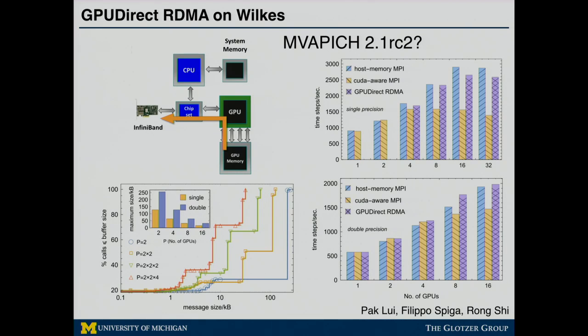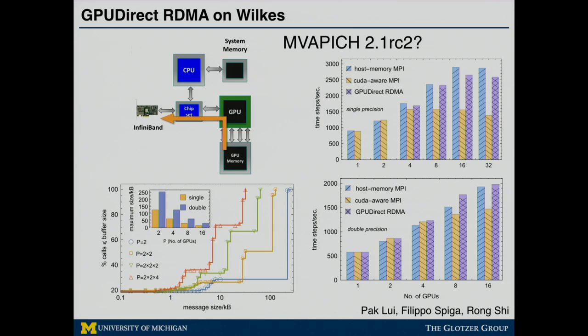And this is the slide that most pertains to this user group meeting. So we measured the performance of HOOMD-blue when it's enabled with GPUDirect RDMA. Everyone in this room has had some exposure to GPUDirect, which offloads the CPU from the communication part.